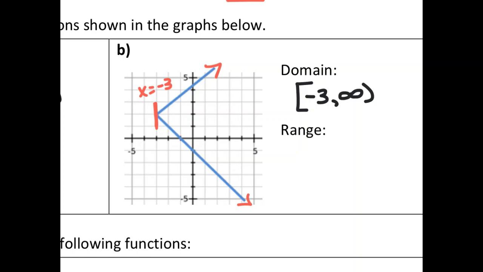And we use the square bracket for the same reason that we did with the range in part A. For this one, the range at the bottom our graph goes to negative infinity, and at the top, our y values go to positive infinity. And so our range in this question is going to be all real numbers, negative infinity to positive infinity.